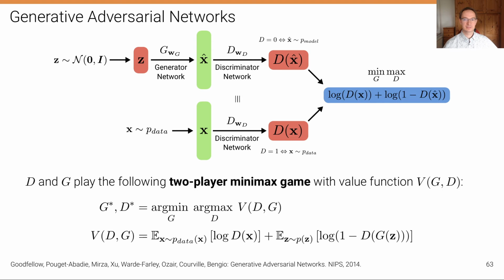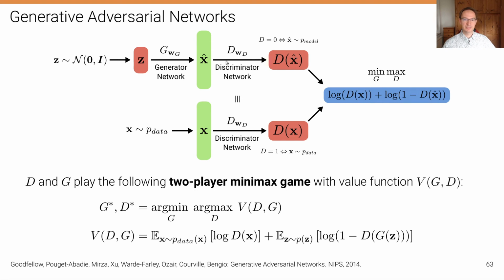This is the prototypical diagram of a GAN. There's a latent code sampled from some noise distribution. We input that latent code to some generator network that produces, in the case that we've seen in the deep learning lecture, just a 2D image.